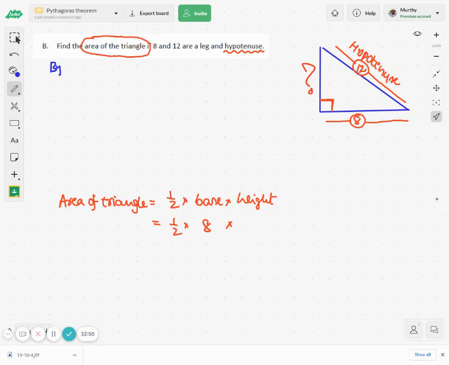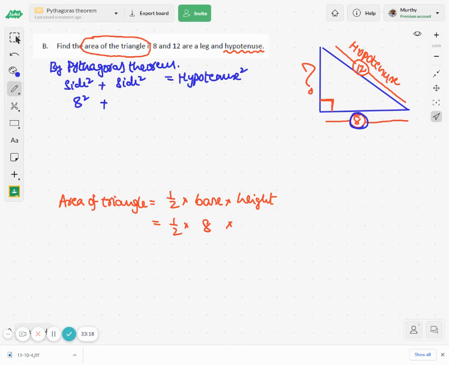So let me write again. By Pythagoras theorem, let me write that side square plus side square equals hypotenuse square. Side square, I can take 8 here.